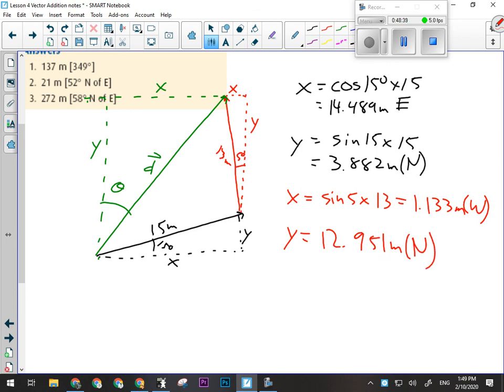Now that I've got all of those, I can find green Y and green X. Green X is going to be our 14.489 meters east, plus our 1.133 meters west, so that's got to be negative.